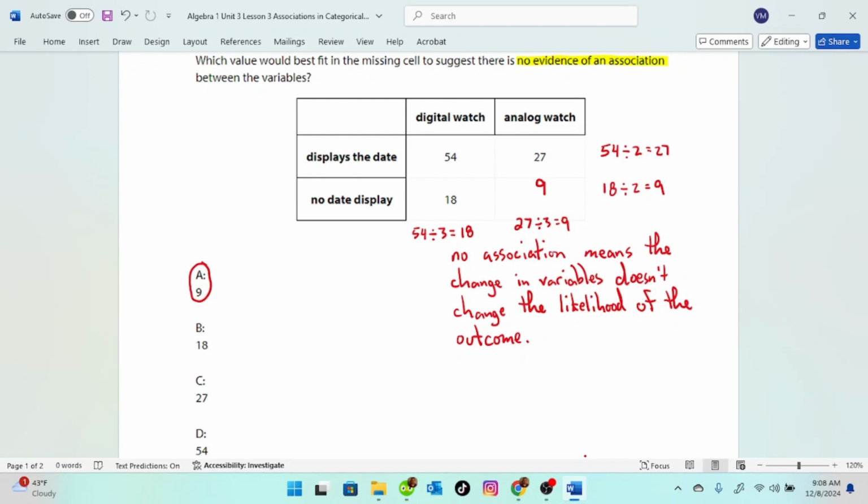You are twice as likely to have a digital watch as an analog watch, whether it's displaying the date or not, and you are 3 times as likely, whether you have a digital watch or an analog watch, to display the date or not. So the change in the variable is not resulting in a change of the likelihood of an outcome.